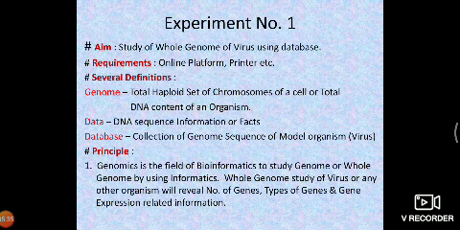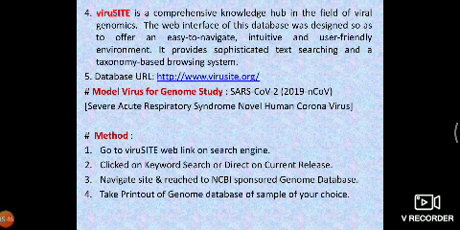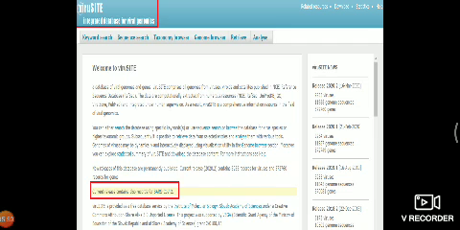So see here, experiment number 1: the aim is written, the requirement, the definition related to the aim, then principle, then methodology, and several pictures of websites of which you need to take printouts later.